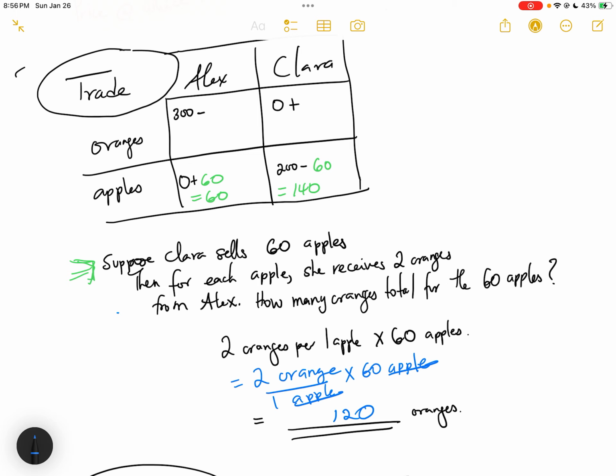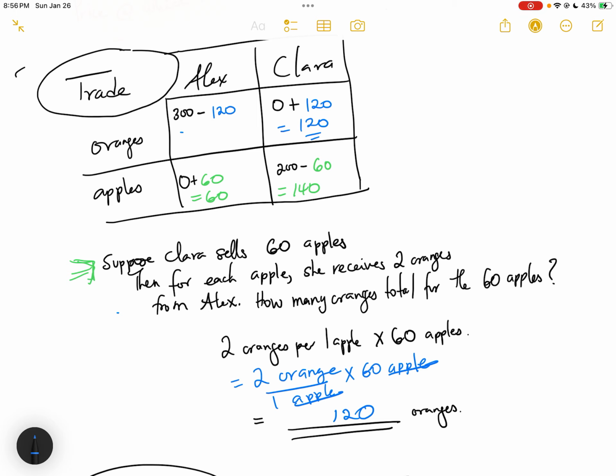So Clara will receive 120 oranges from Alex. So up here, that's the 300 minus 120, and this is plus 120, so we have 120 here for Clara. So this is great, right?